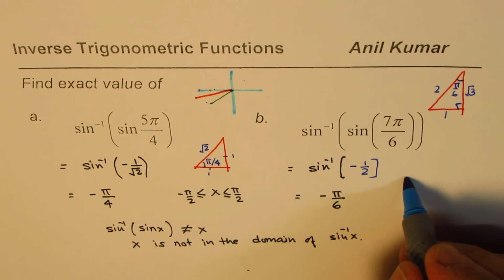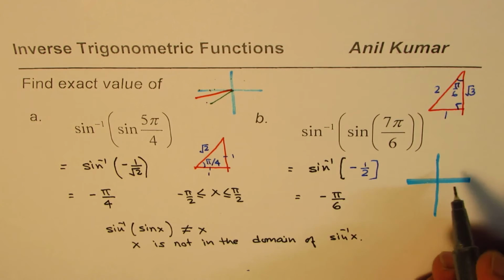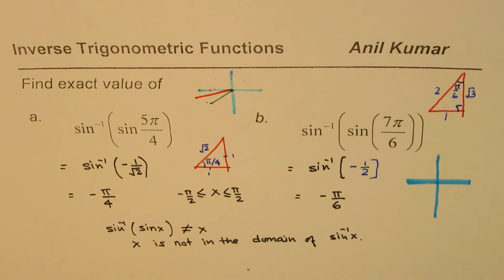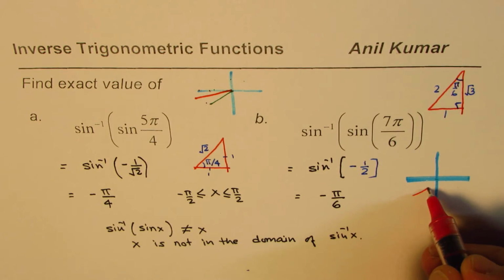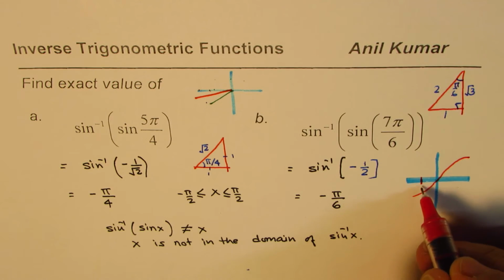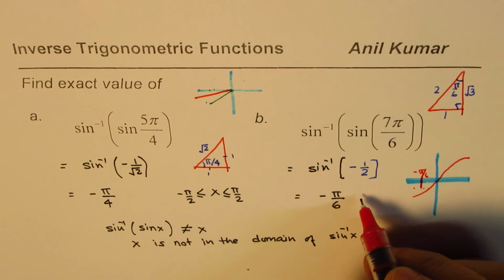That is to say, because our domain is from minus pi by 2, you are in the fourth quadrant, minus pi by 6, right? As you can see, the sine function is like this, and the negative value is here. So that is minus pi by 6, which gives you that result.